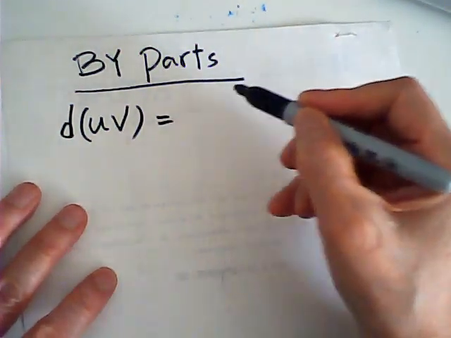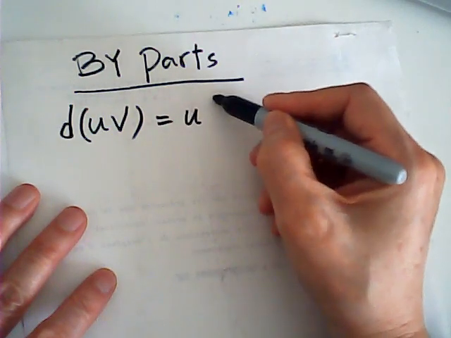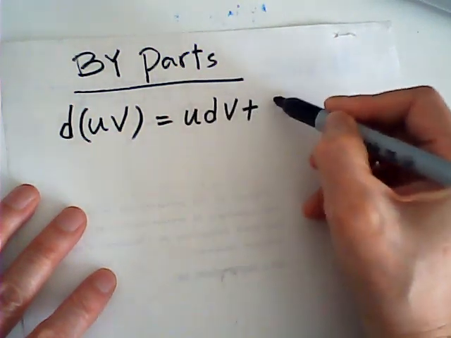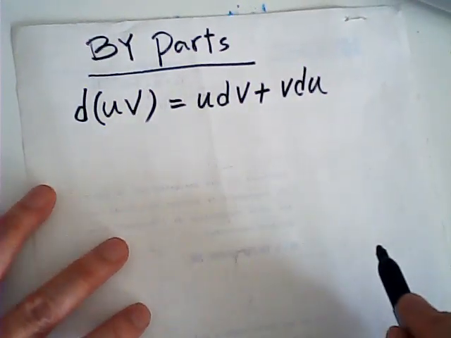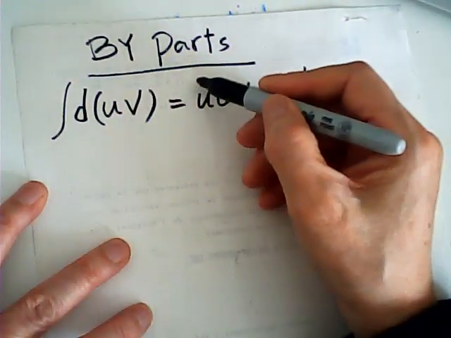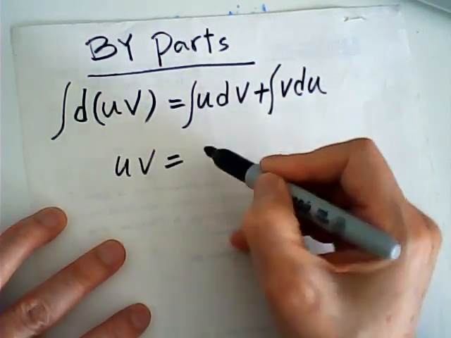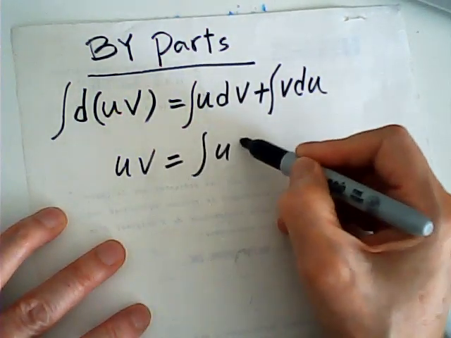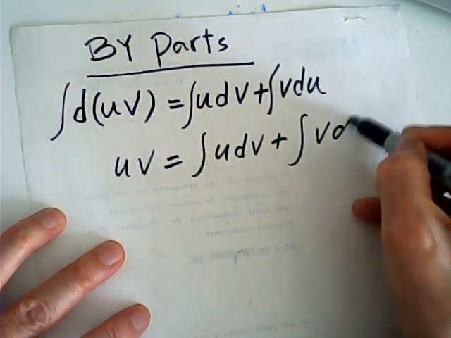This becomes u dv plus v du. That's called the product rule. Now, if you integrate both sides, you have uv is equal to the integral of u dv plus the integral of v du.